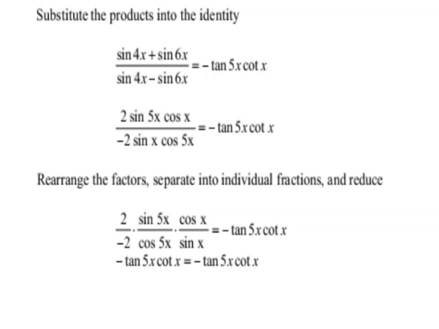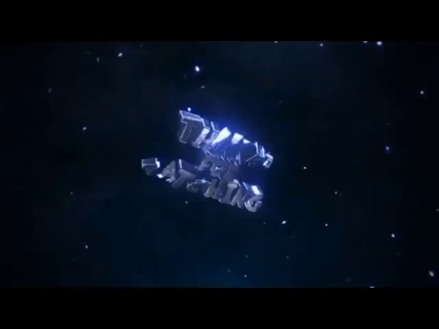So 2 over negative 2 times sine 5x over cosine 5x times cosine x over sine x is equal to negative tan 5x cotangent x. So the answer is negative tan 5x cotangent x is equal to negative tan 5x cotangent x.